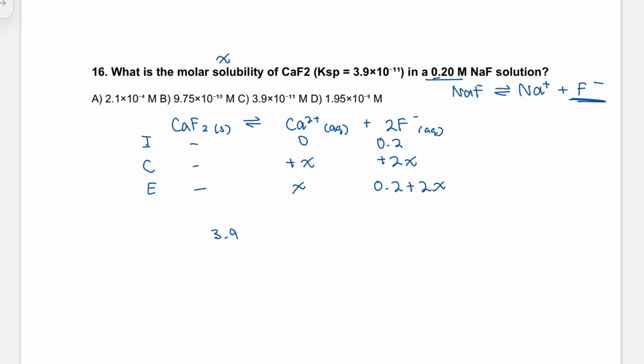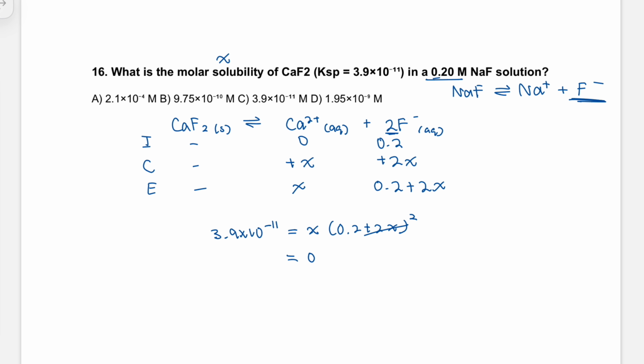So 3.9 times 10 to the minus 11 equals X times 0.2 plus 2X to the power of 2, because of the coefficient here. And then when we solve for X, we can do a small X approximation once again, and that allows us to ignore this part.